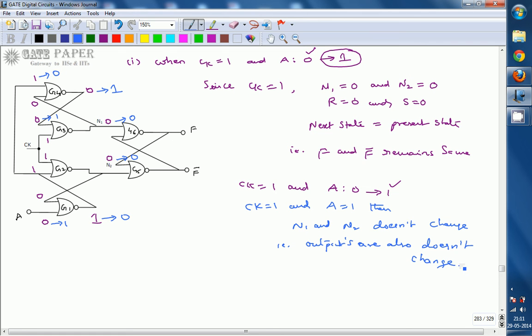So whenever N1 is equal to 0 and N2 is equal to 0, the state is treated as the hold state.